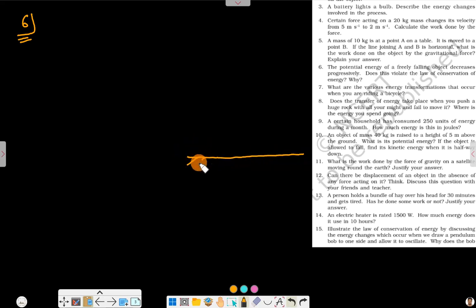Suppose this is the ground. I will draw all three cases: case number 1, case number 2, case number 3. This we have already proved.